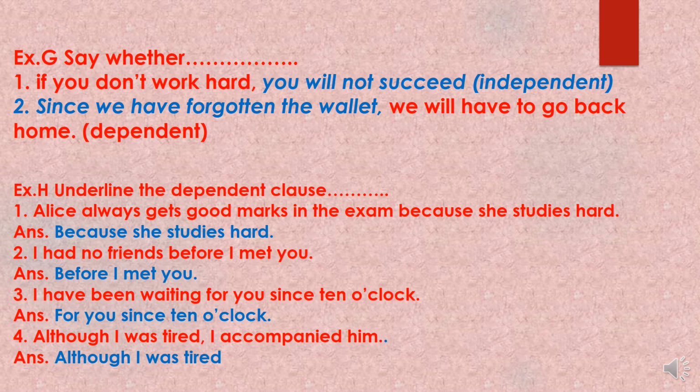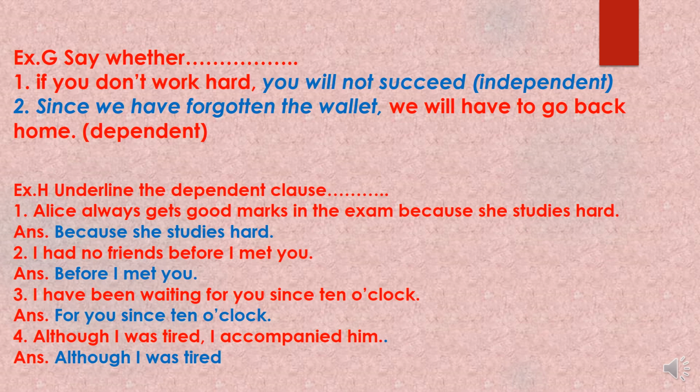It is the dependent clause because it depends on the rest of the sentence. Alice always gets good marks is an independent clause. In the exam is a phrase, and because she studies hard. What happens if she studies hard? You can ask this question. So this is the dependent clause.